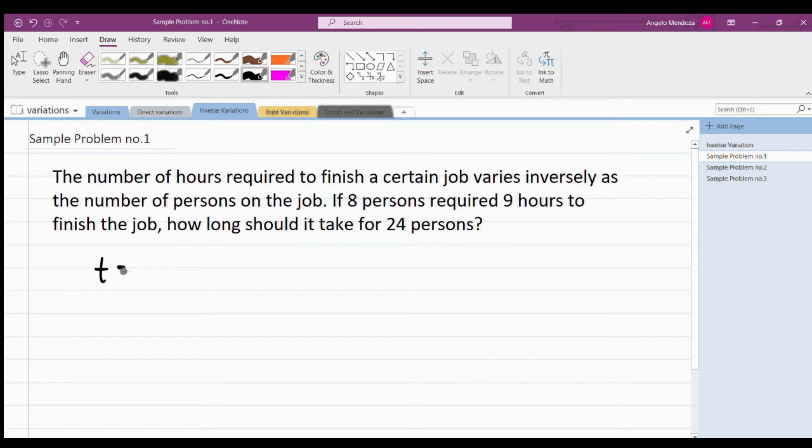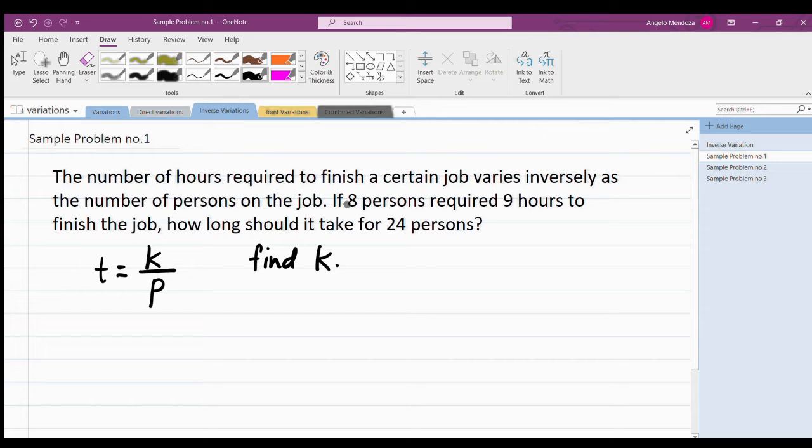That will be equal to k over the number of persons, let us write it as p. The first step is to find the value of k.